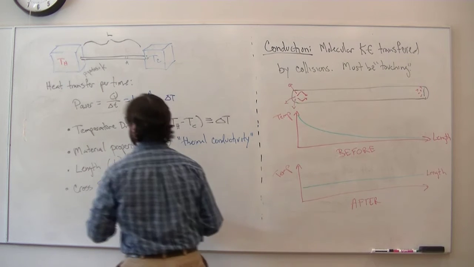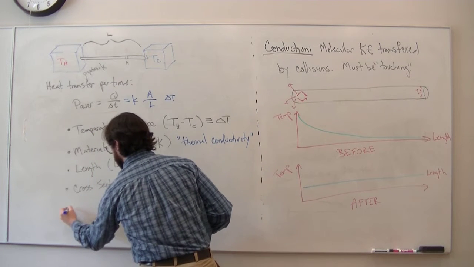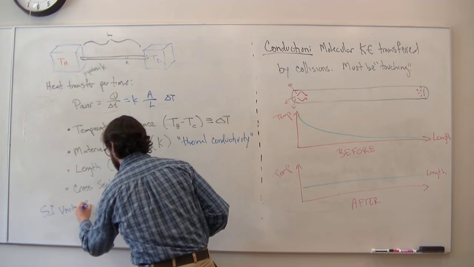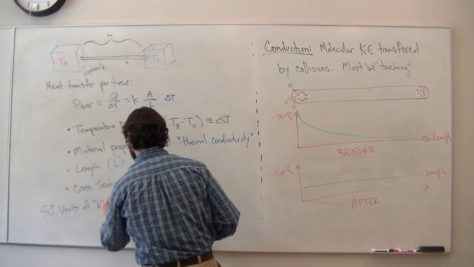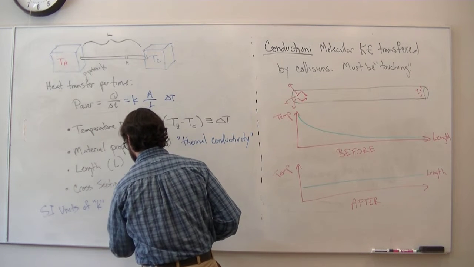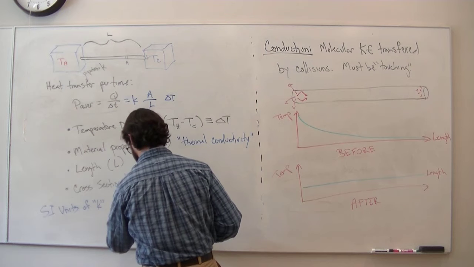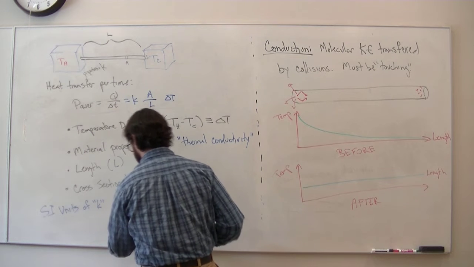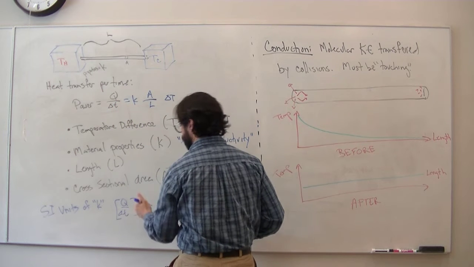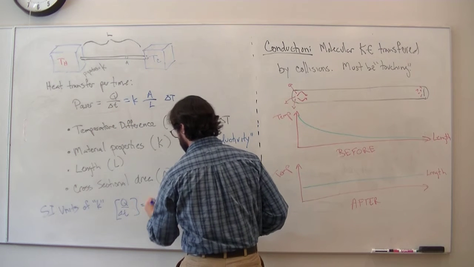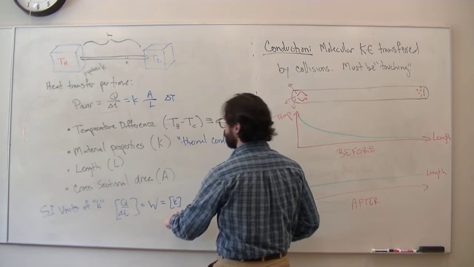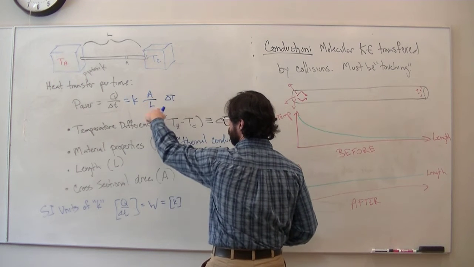And we can come up with the units of K, specifically the SI units of K. So the units of the left-hand side, which is joules per second. So power is energy per time. That's always joules per second, which is watts. And then that's equal to the thing that we're looking for, the units of K. Units of A are meters squared.